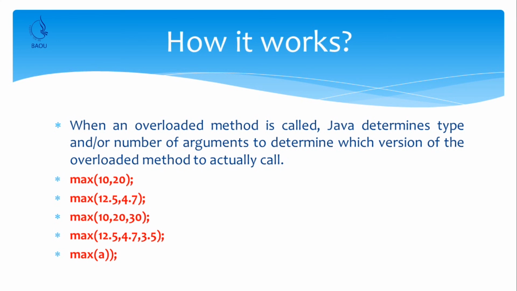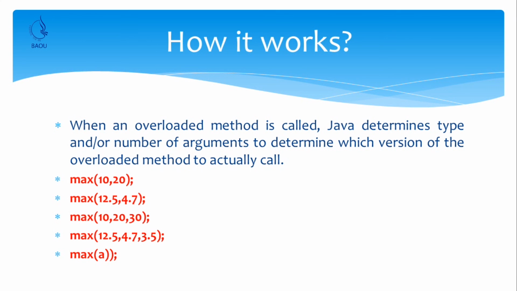Here on screen you can see various examples of the max method. In the first max method we provide integer values, so the definition with long arguments will execute. In the second case, the definition with double parameters is executed.